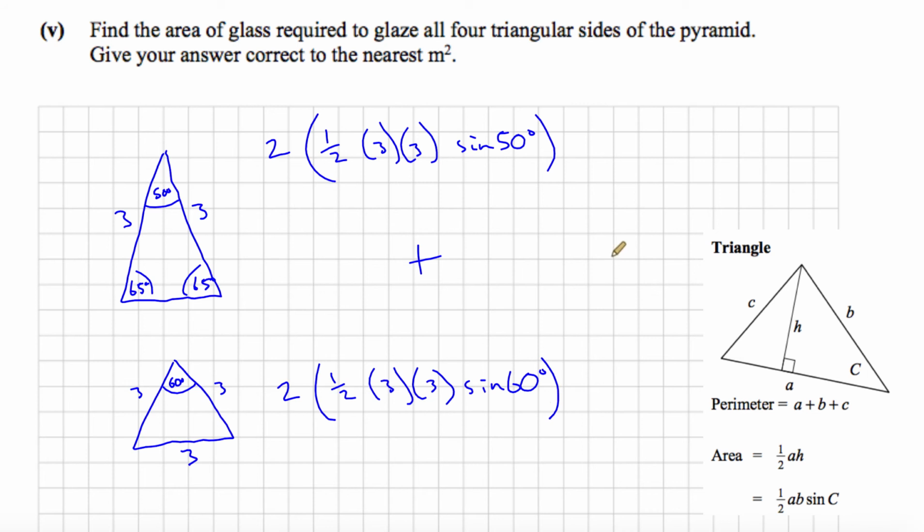So that gives me an answer of, when I add both of them together, so this and this get added, and the answer coming out is 14.68, oh sorry, 14 I meant.